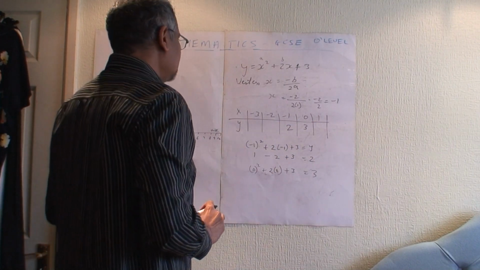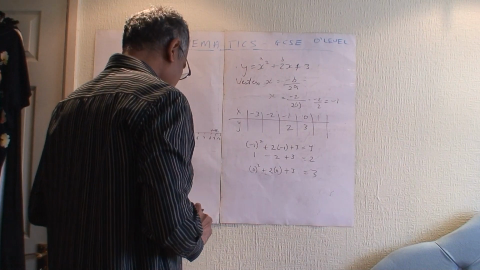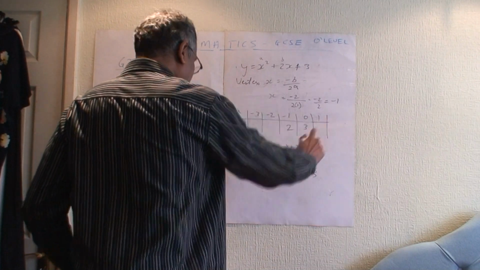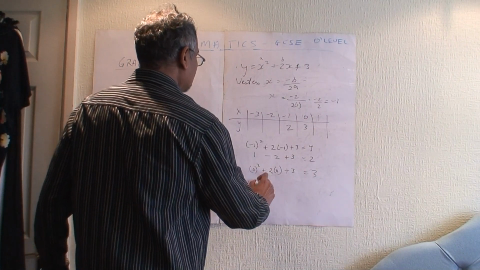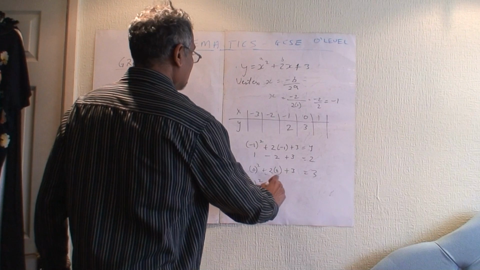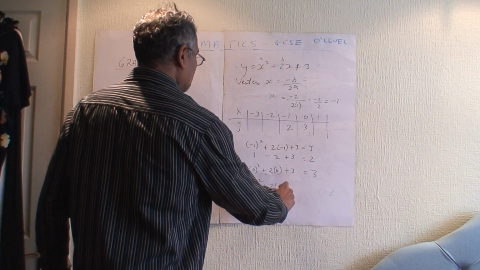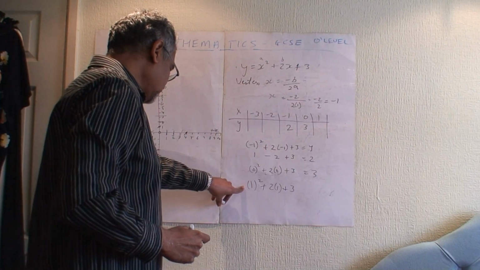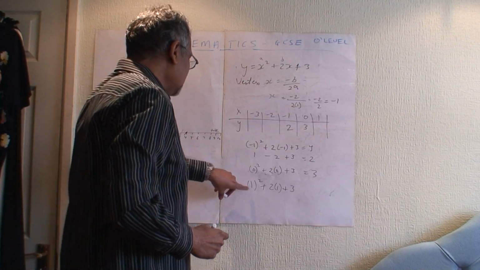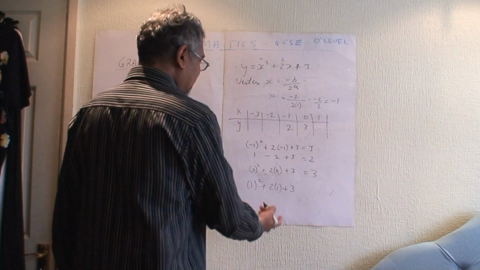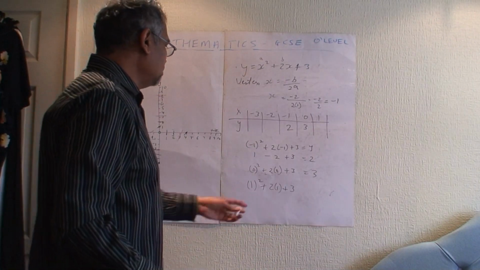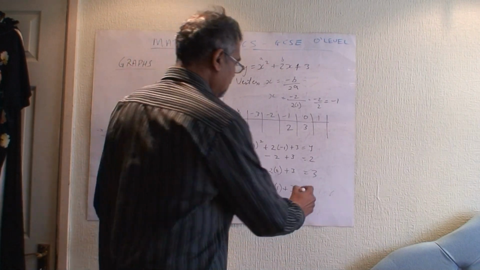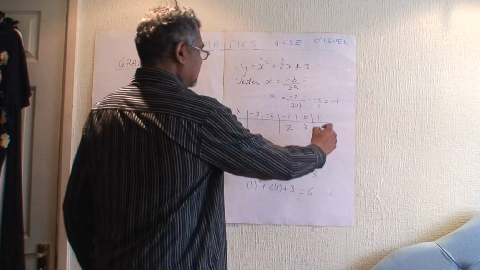If x is 1, we have 1 squared plus 2 by 1 plus 3. 1 squared is 1, 1 plus 2 is 3, 3 plus 3 is 6, so we know this is 6.